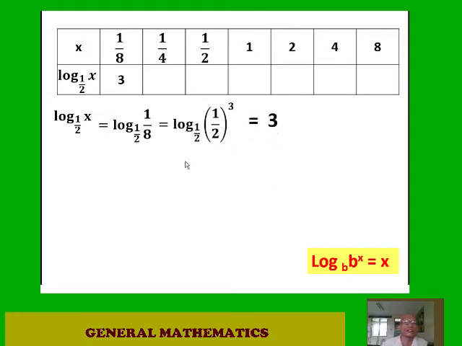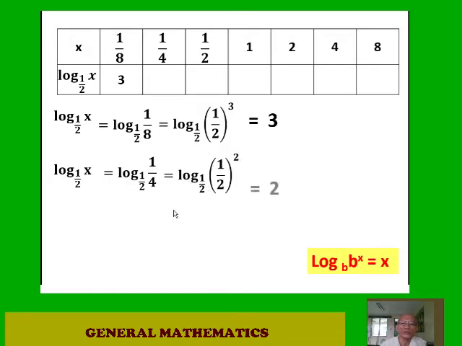So the value is 3. Next, if we substitute x with 1/4, we can express 1/4 with base 1/2. So 1/4 is 1/2 square because 1 square is 1, 2 square is 4. So they have the same base. The value of this logarithm is the exponent 2. Okay, so the value is 2.